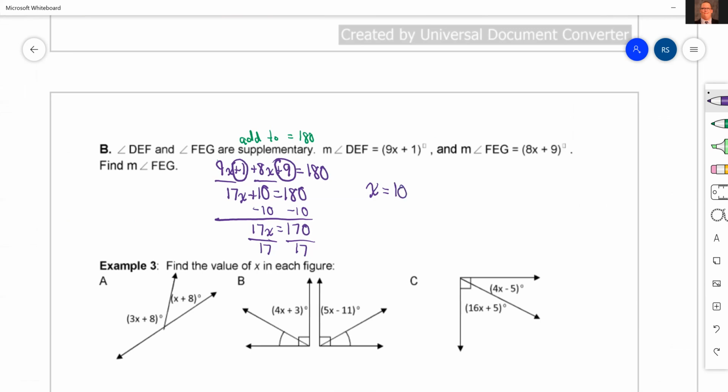Now, did it ask you to just find x? No, it asked you to find the measure of angle FEG. So we've got to take this 10 and plug it in up here.